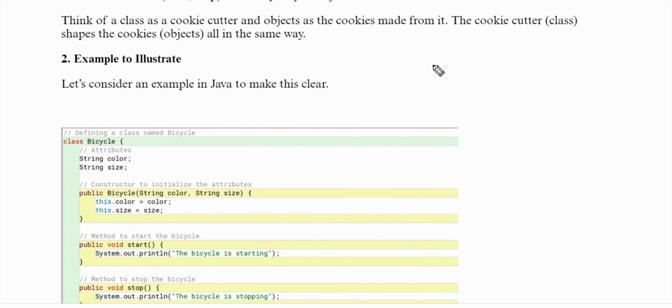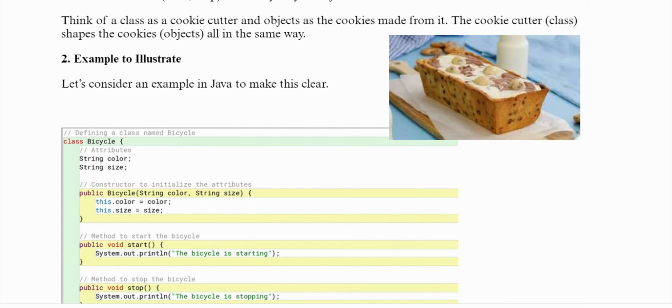The cookie cutter class shapes the cookies all in the same way. Like you have a loaf from which you create a cookie. I am not sure what the ingredients are. Suppose this is that loaf, kind of a bread loaf thing. And your cookie cutters have the star shapes, of a particular diameter, of a particular dimension.